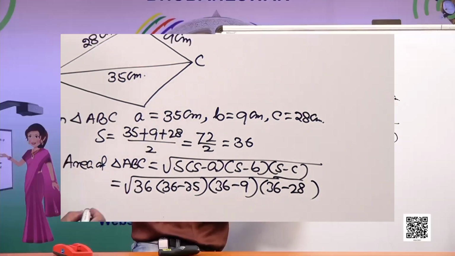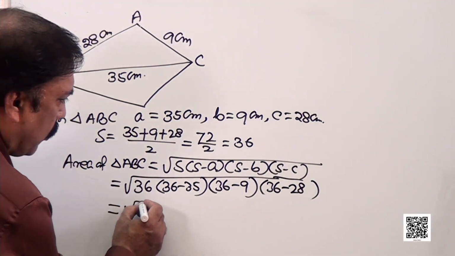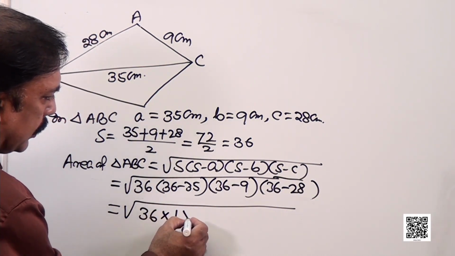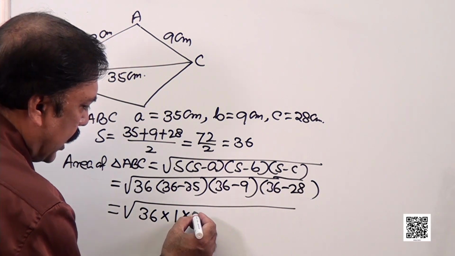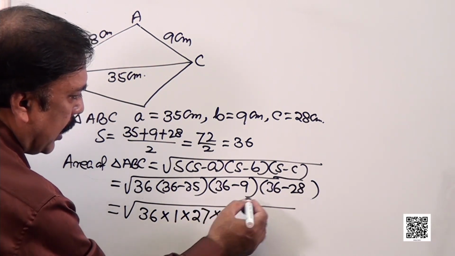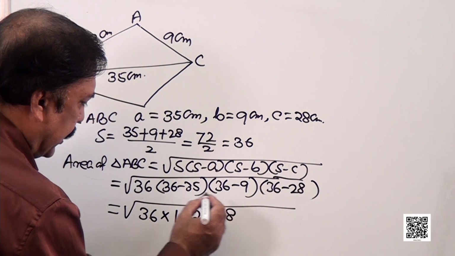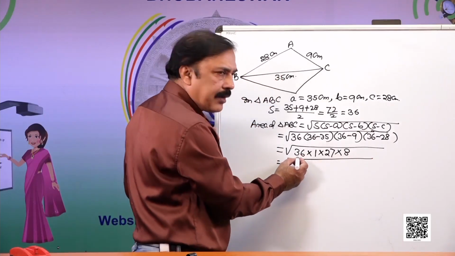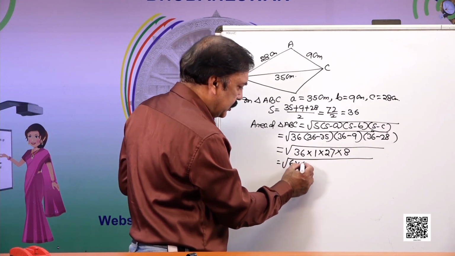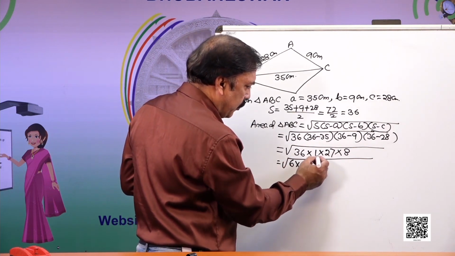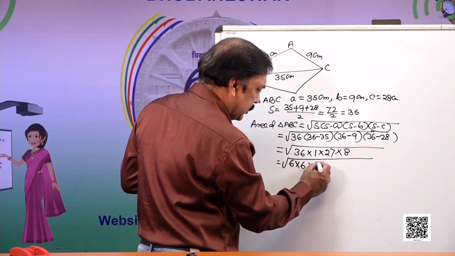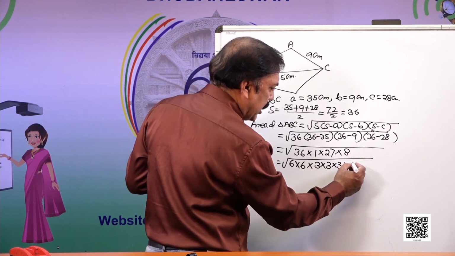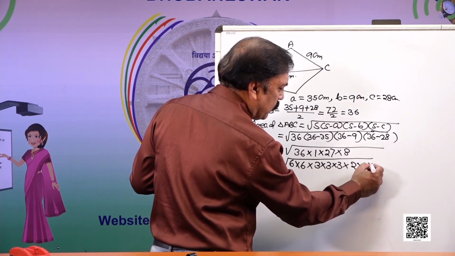This is equal to square root of 36 into 1 into 27 into 8. 36 can be written as 6 into 6, 27 as 3 into 3 into 3, and 8 as 2 into 2 into 2.